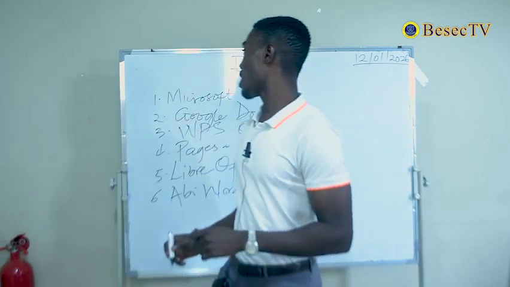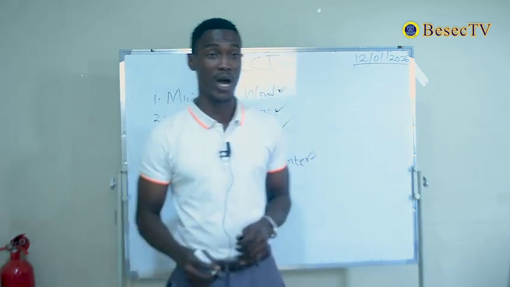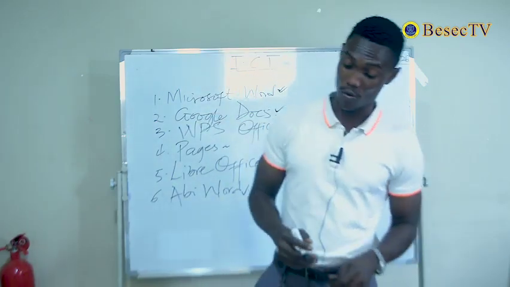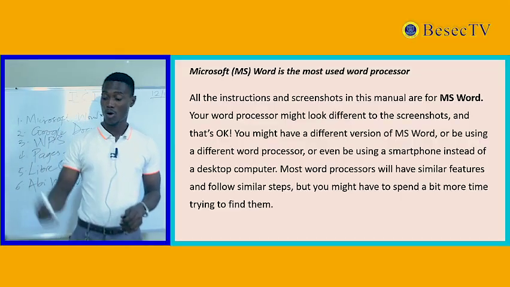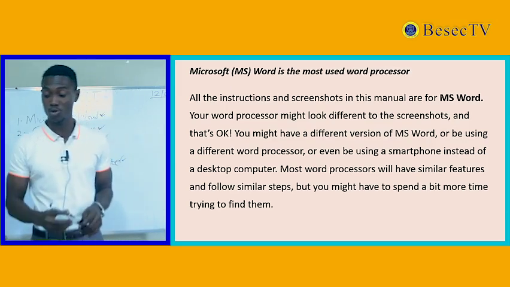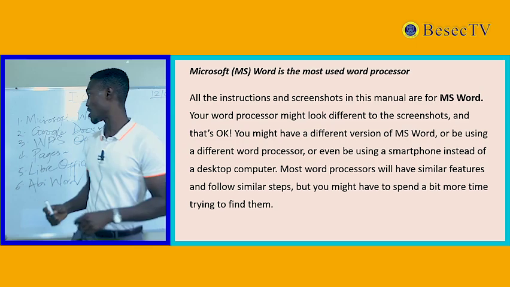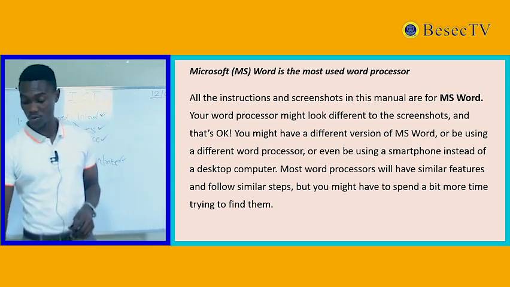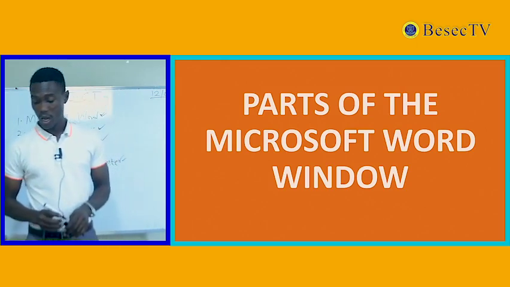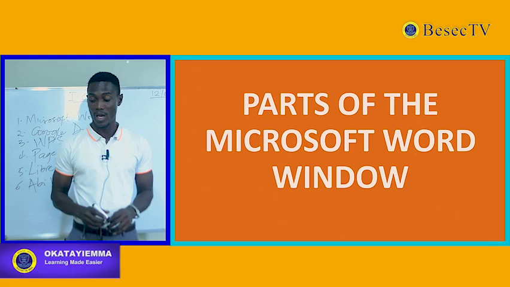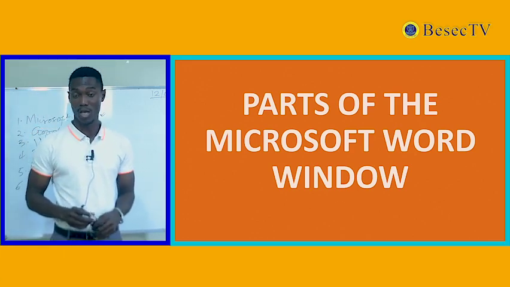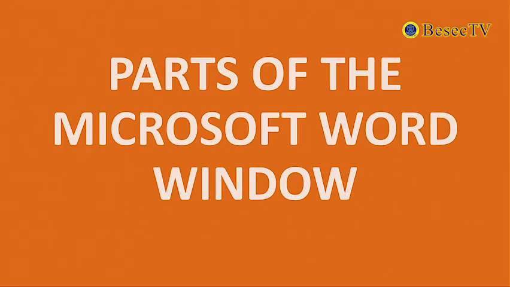So as I am going to use Microsoft Word in my lessons, you might be using Google Docs or WPS Office, but your WPS Office or Google Docs might have similar features related to the features that I have in the Microsoft Word application. From here we move on to a topic which says parts of the Microsoft Word window. That is a subtopic, parts of the Microsoft Word window.